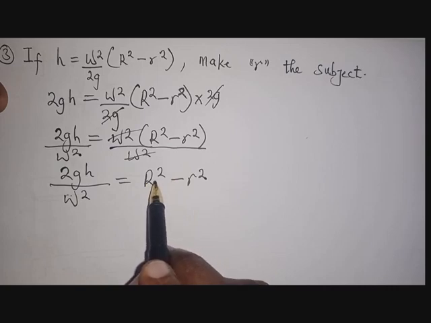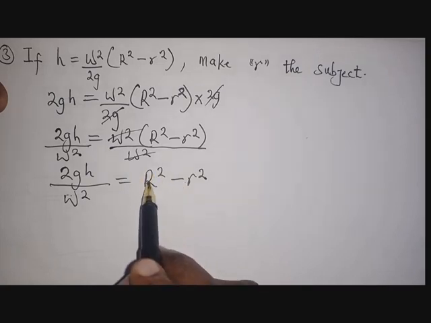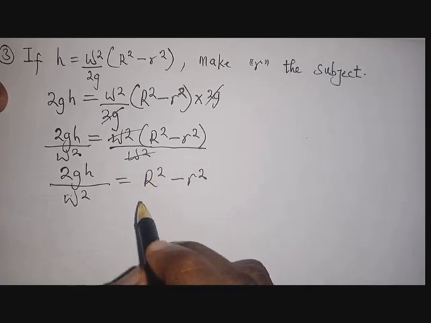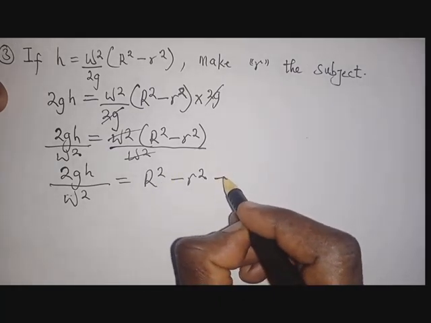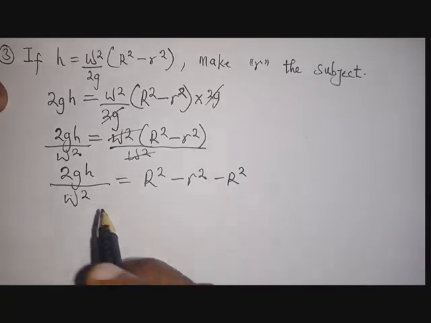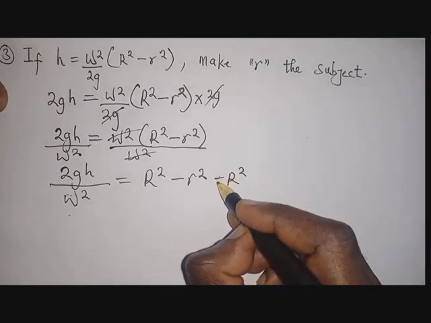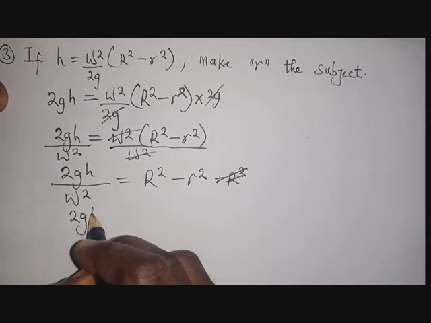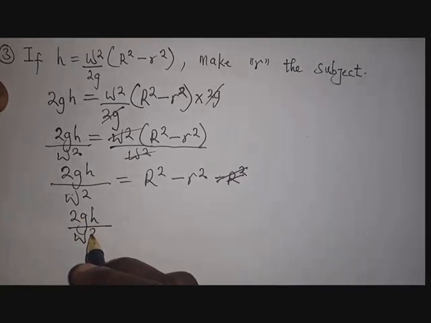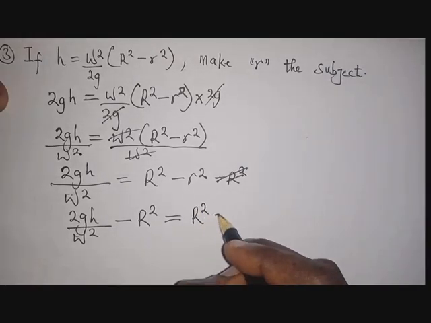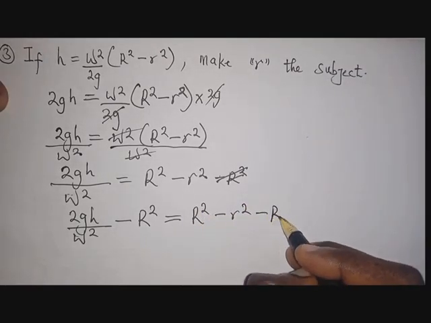The connection is addition, actually. Okay, no, it's subtraction though, but R squared is a positive term. So I'm simply going to subtract R squared from both sides since it's a positive term. So if I subtract R squared from both sides, 2gh over w squared minus R squared equals R squared minus r squared minus R squared.